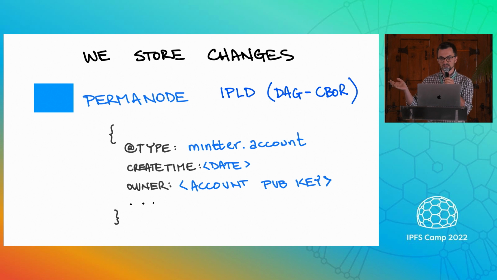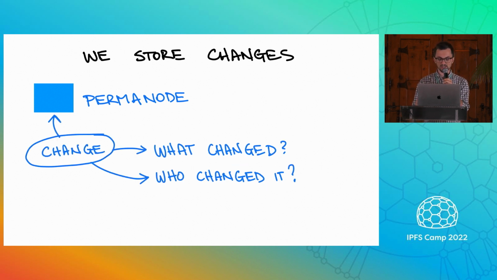And this idea is also similar to what the Semantic Web Linked Data Initiative is doing, JSON-LD and stuff like that, if you're familiar with that. So the CID of that permanode becomes the ID of the object, and then you apply changes to that permanode. A change says what changed and who changed it.